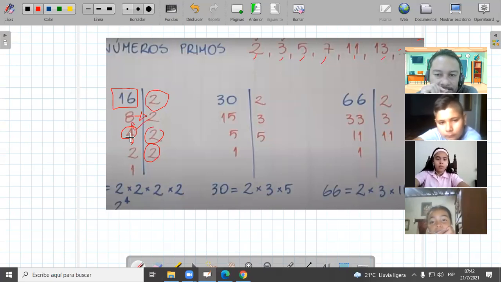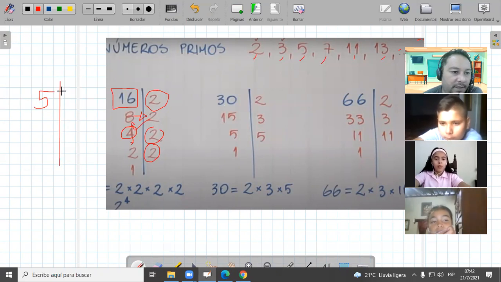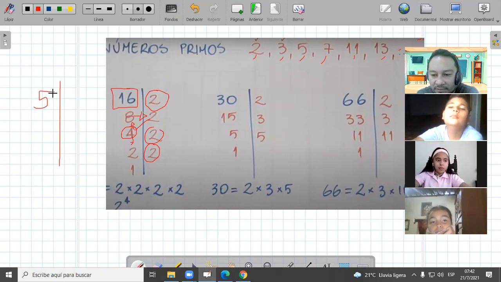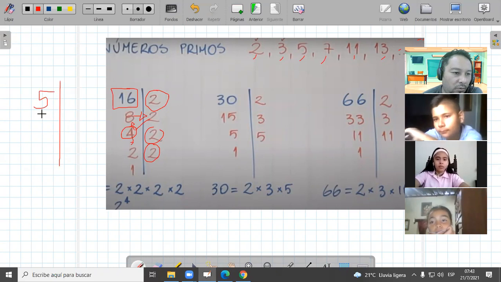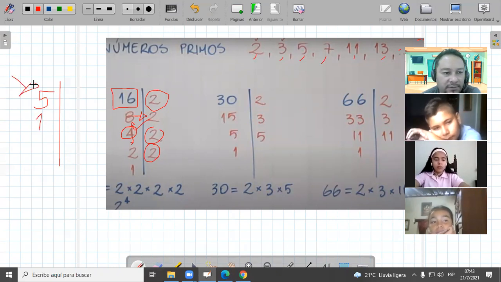Mister, when the exercise has 5, what are we going to do? When the exercise has 5, what are the prime factors of 5? 1 and 5.